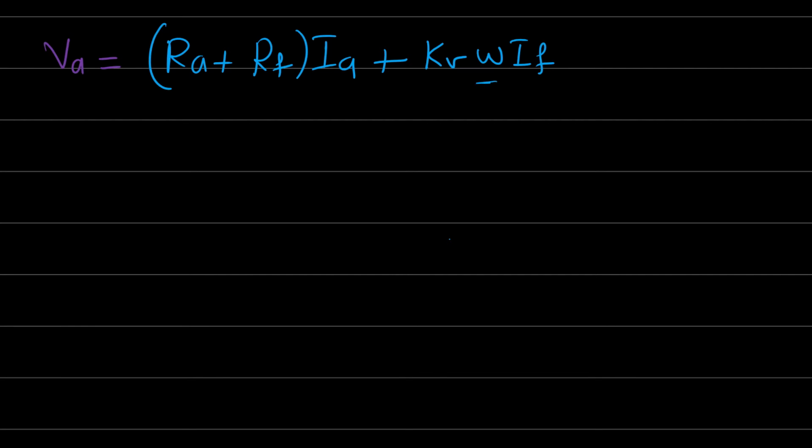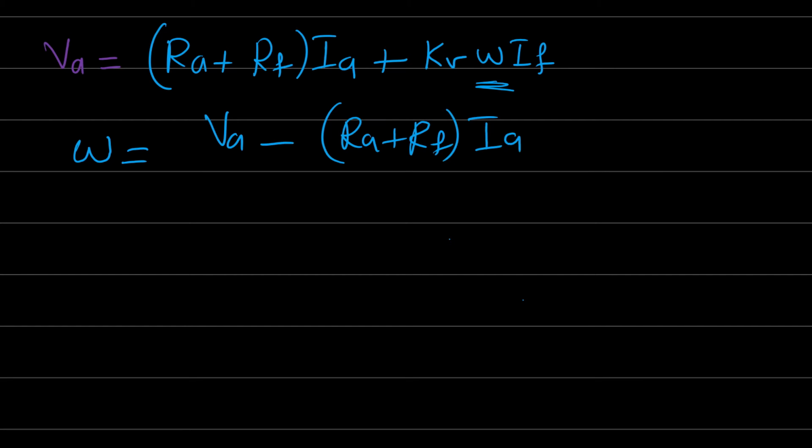From this equation you can say omega is equal to VA minus RA plus RF times IA, over KV IF, right?